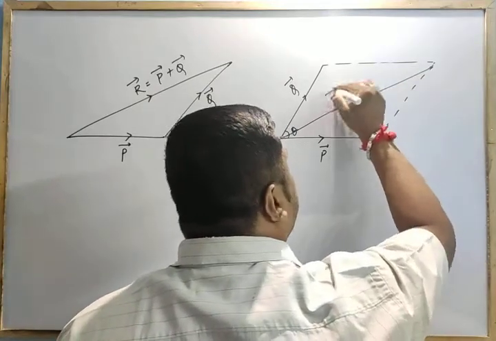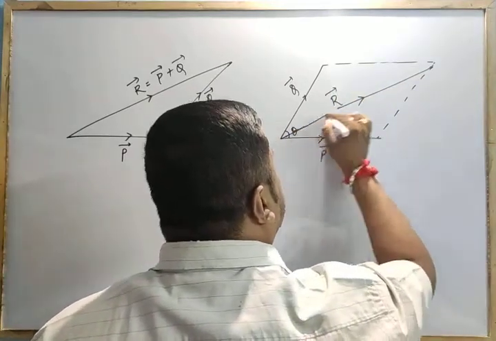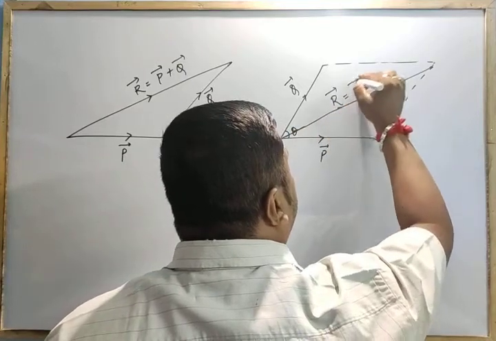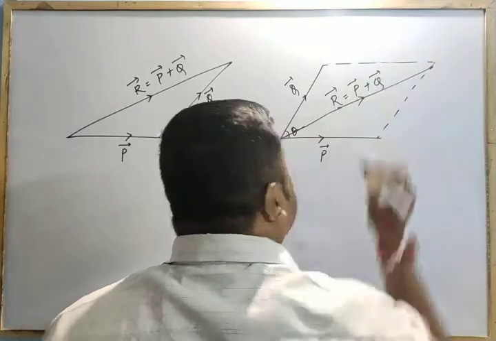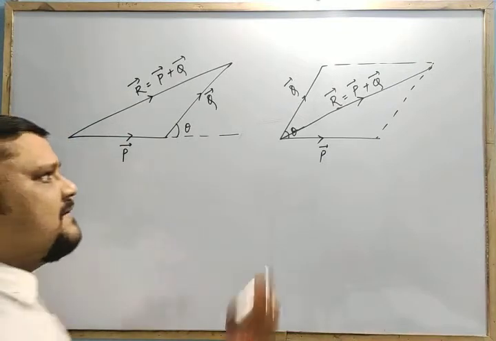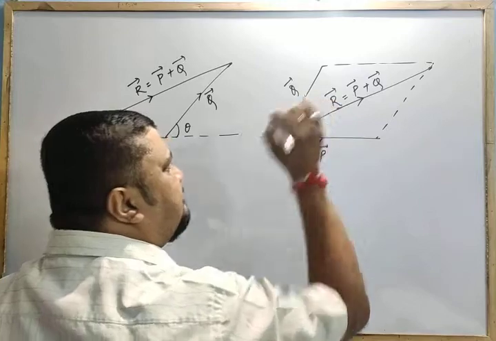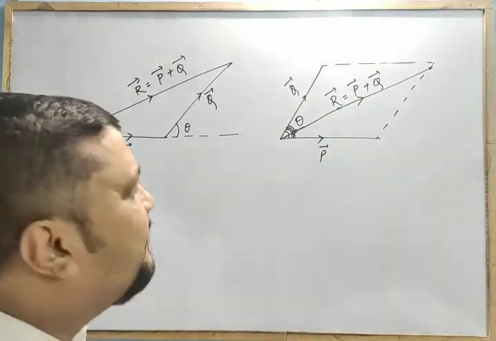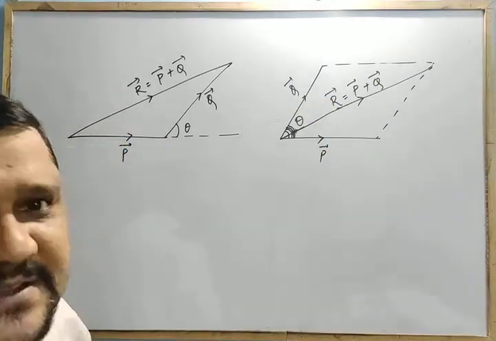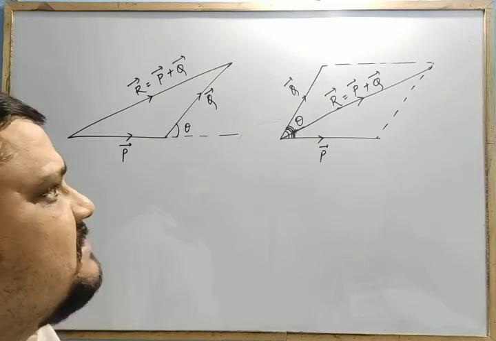That is R, the resultant represented by the diagonal, R is equal to P plus Q, and obviously this total angle is your theta, isn't it? We discussed that in the last video.